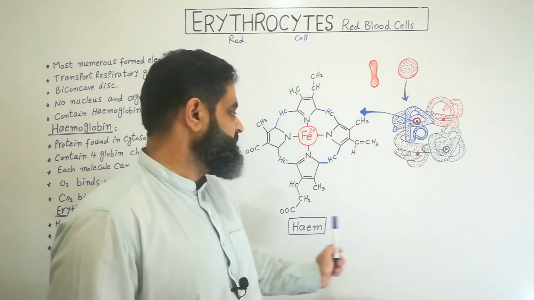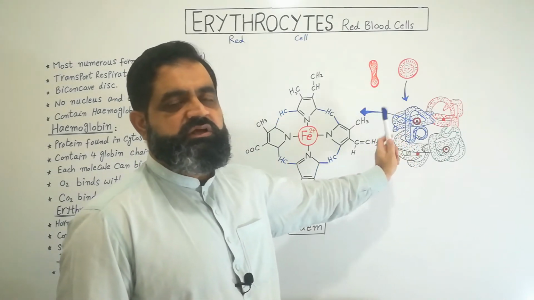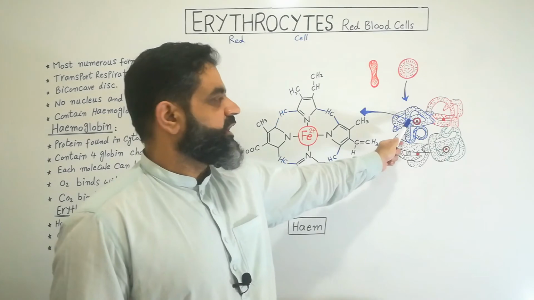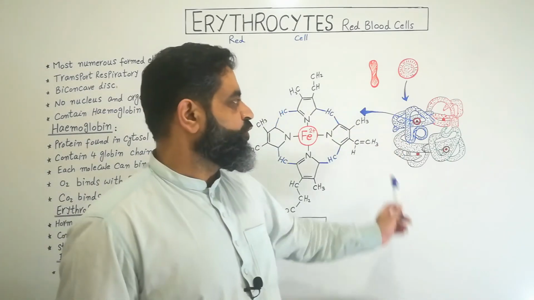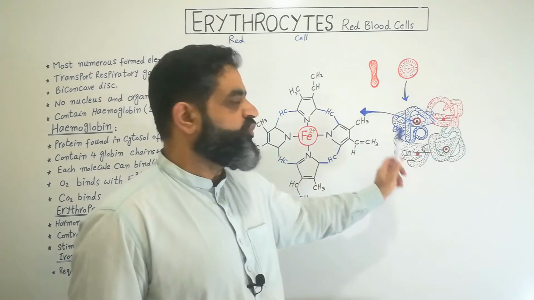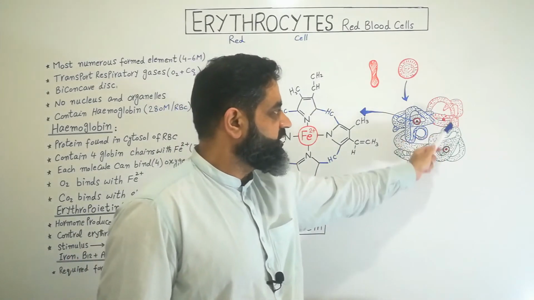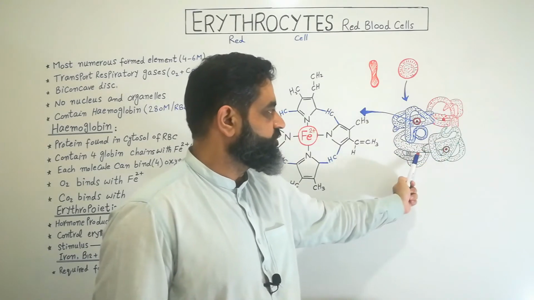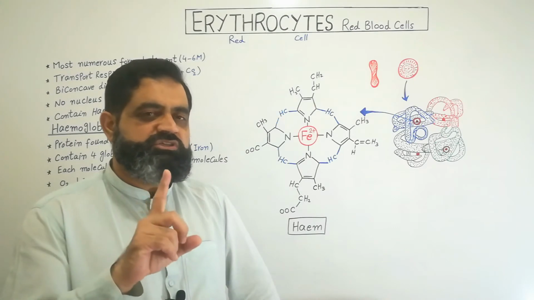It is called heme. Heme is made up of iron and certain other parts, I'm going to discuss this structure, and can bind 1 molecule of oxygen. Now you can do the math. 1 hemoglobin contains 4 heme groups. One is right here, the other is on the back, this one is the third, this is the fourth one. 4 heme groups, and each heme group can bind 1 oxygen molecule.